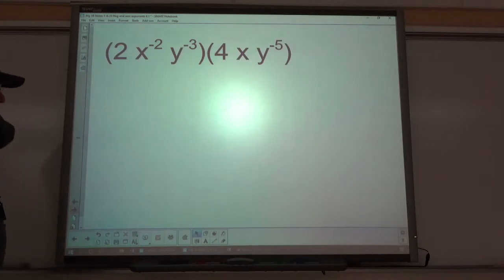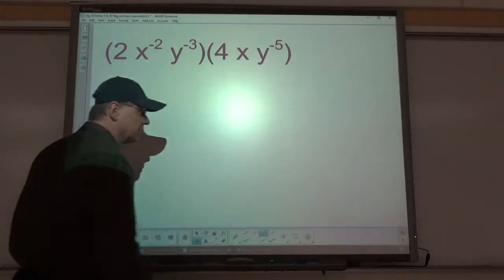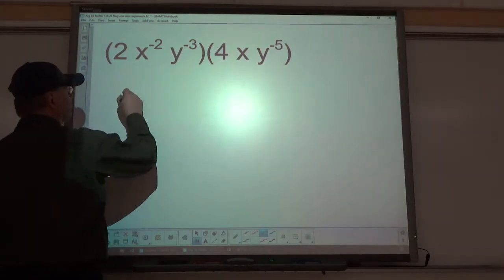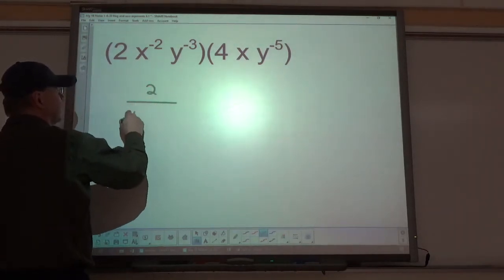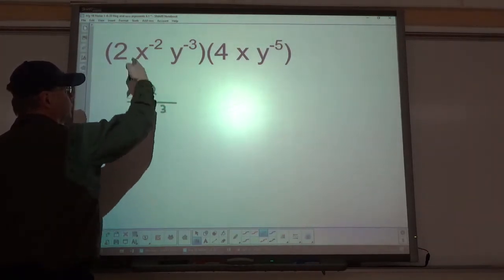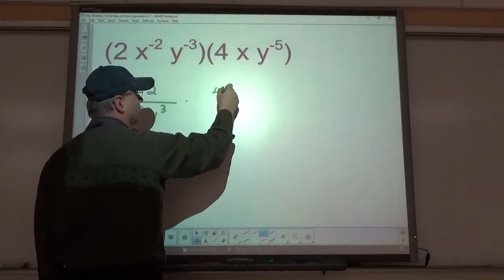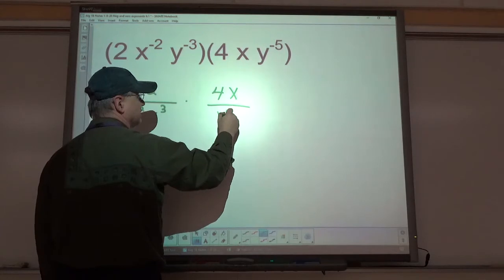All right, what happens when you're multiplying? Well, there are 2 ways you can do this. I'll do it both ways. You could start by only moving the things that are raised to a negative power so that you only have positive powers. So I could rewrite this one as 2 over x squared y to the third, moving these down, times 4x over y to the fifth.